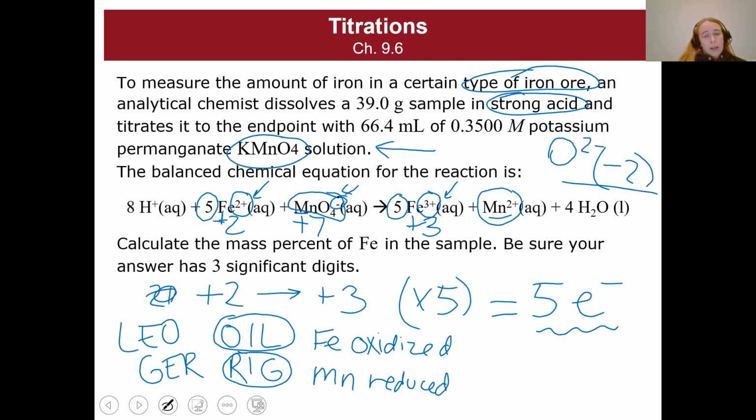You should find out that with 4 oxygens at -2 adding up to -1, we need a +7. So manganese starts at +7 and is reduced, so it goes down, to +2. It gained those electrons. So gaining electrons is a reduction. And the thing that's oxidized is the reducing agent.